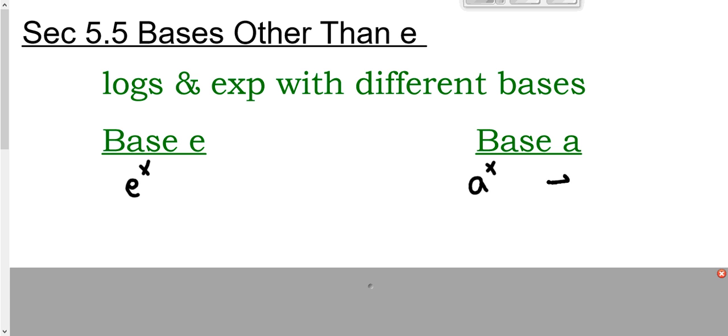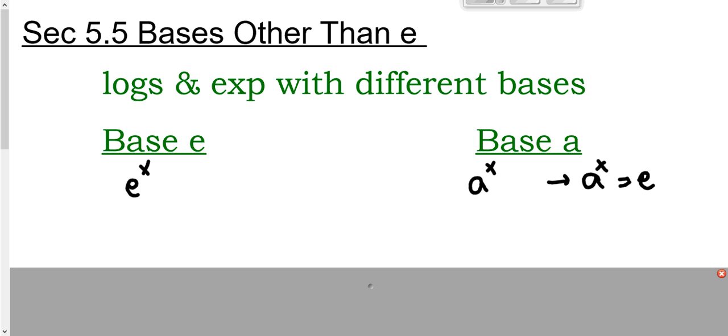They are connected, so our derivatives and integrals are very similar. They're just kind of a little bit different. The definition of any exponential that's not e is based on e. It's actually e to the ln of a times x.